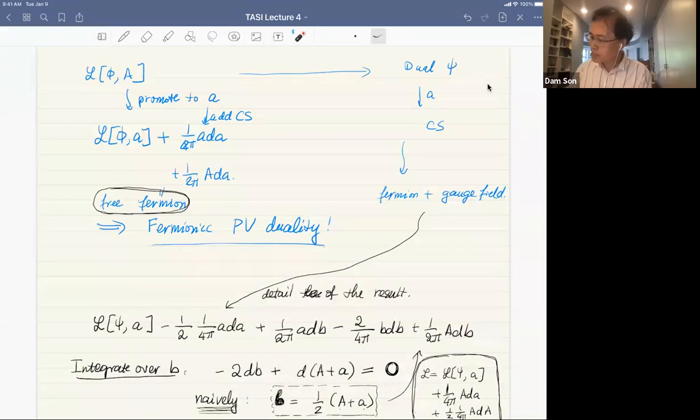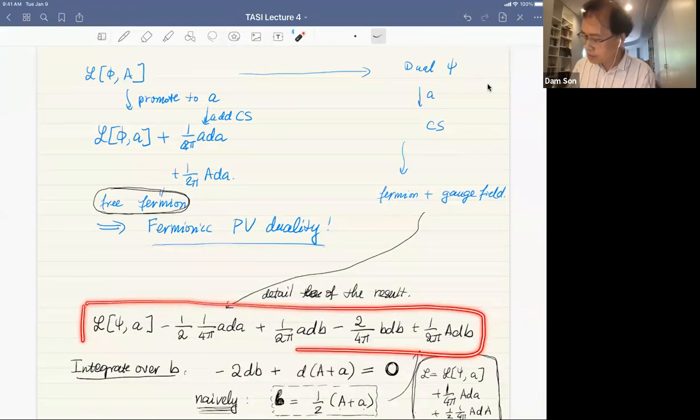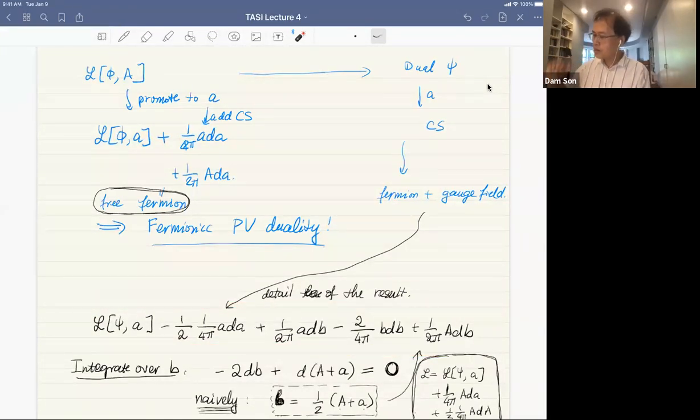So strictly speaking, the theory that is dual to free fermion is this theory, but written in this way, we don't see all the discrete symmetries as clearly as if we write the theory in a more naive form.